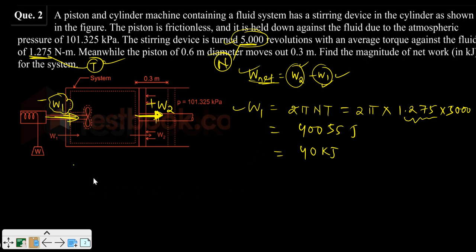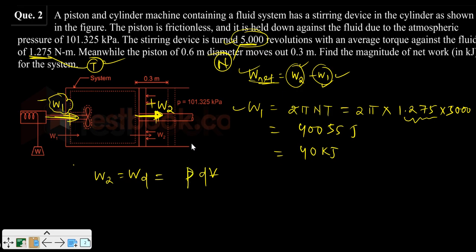Now we will find the value of W2. W2 is the displacement work, WD, and this will be equal to pressure times change in volume, P dV. Here pressure is constant during this displacement.